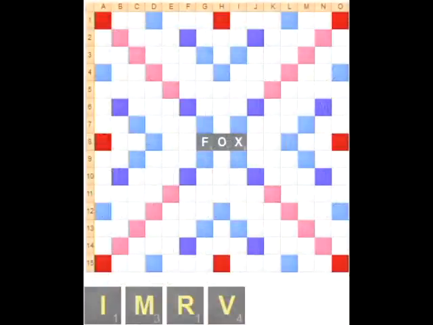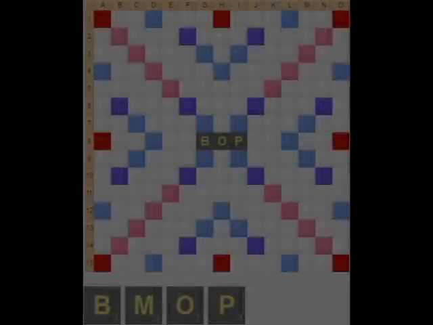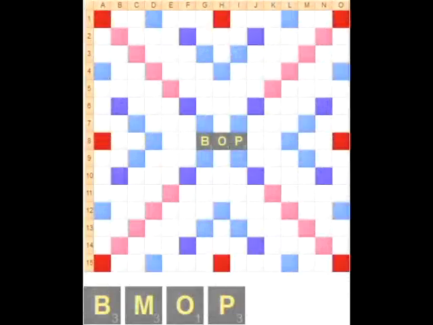Take the opening play of Fox and the hypothetical rack IMRV. The 2 best plays in this instance are Vim for 19 and Mir for 20. Although Mir wins out by 1 point, Vim is actually rated 5.6 points higher as it discards the V. Consider the hypothetical 4-tile rack of BMOP on the opening play.